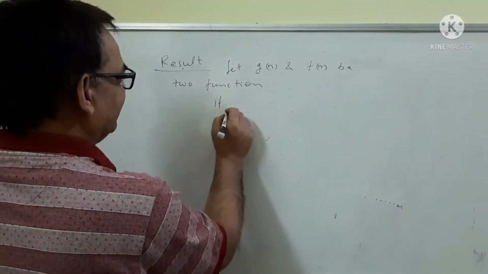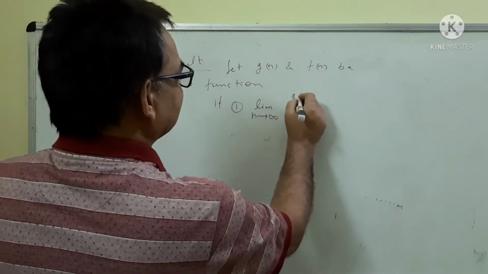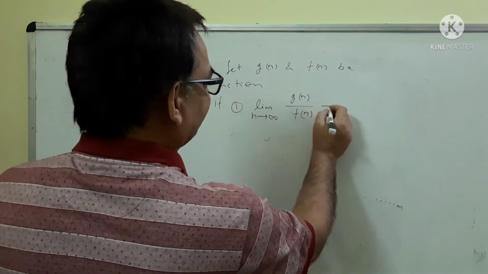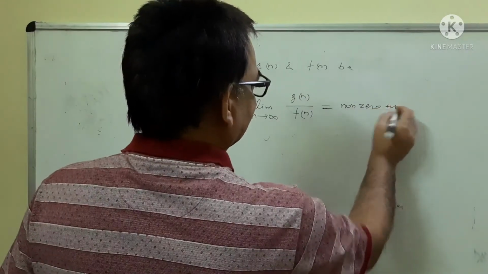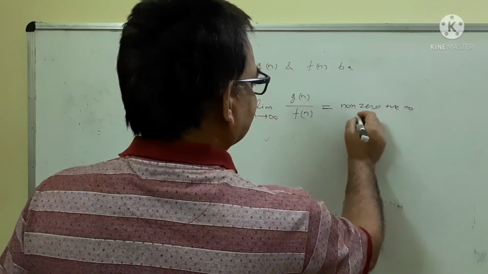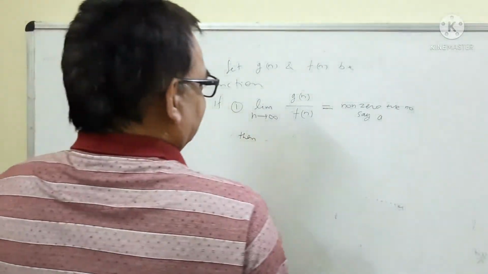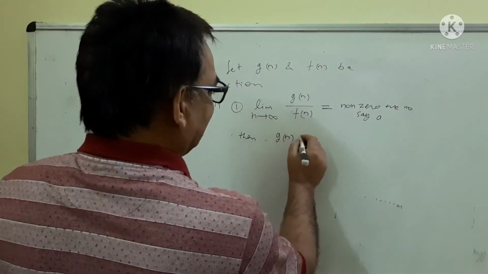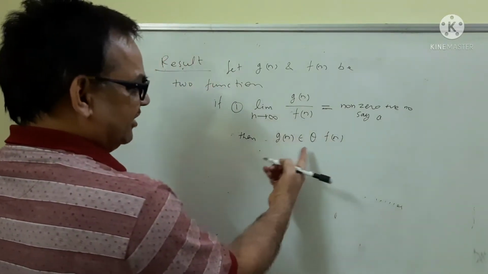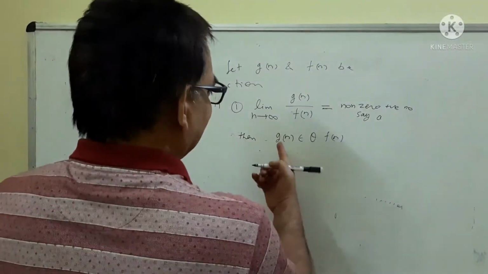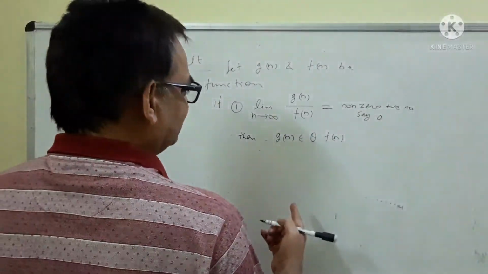Number 1: if limit n tends to infinity, g(n) upon f(n) is equal to a non-zero positive number, say a, then g(n) belongs to theta f(n), and hence f(n) belongs to theta g(n), and g(n) belongs to big O f(n), g(n) belongs to big omega f(n), f(n) belongs to big O g(n), f(n) belongs to big omega g(n).